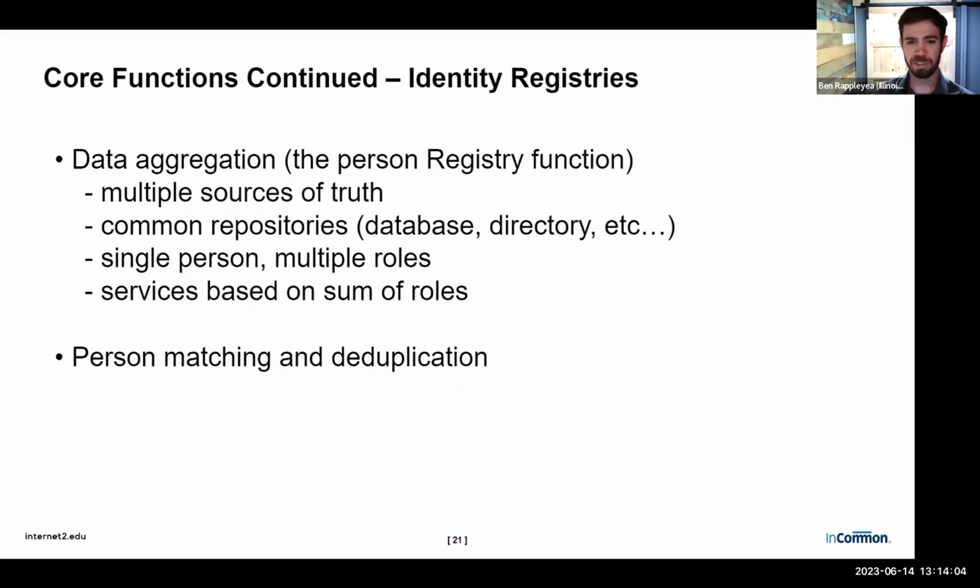So identity registries, data aggregation is the primary function there. Multiple systems will feed you the data about the same user. It is the job of the registry to organize it and make sure it is the same person and then pass that data along. Where we often see problems is, what if a person has multiple roles? The system has to make a decision about what is most important and base services on the sum of their roles or on a hierarchical value.